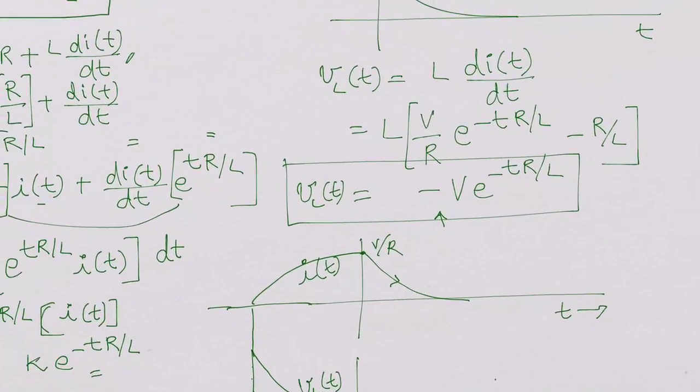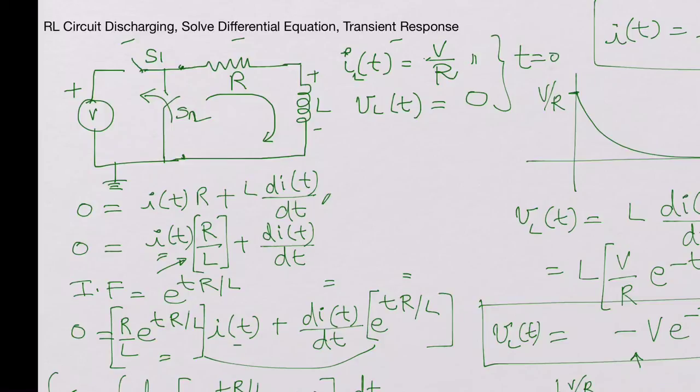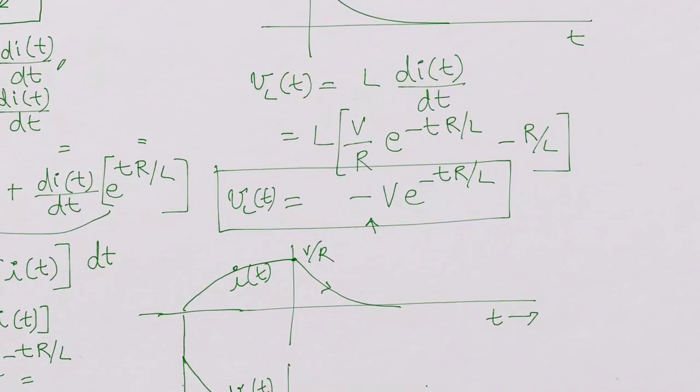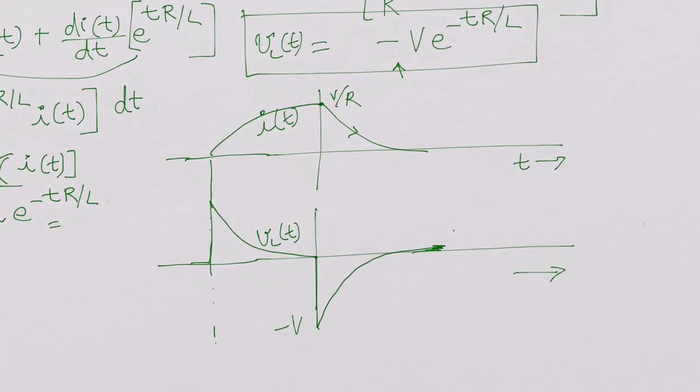So in this case, the current has not reversed direction, unlike the RC circuit where the current flows back. Now the current is still flowing in this direction. It dies down, but the voltage across the inductor has reversed initially, and then it goes back to 0 again. So this is how the current and the voltage look.